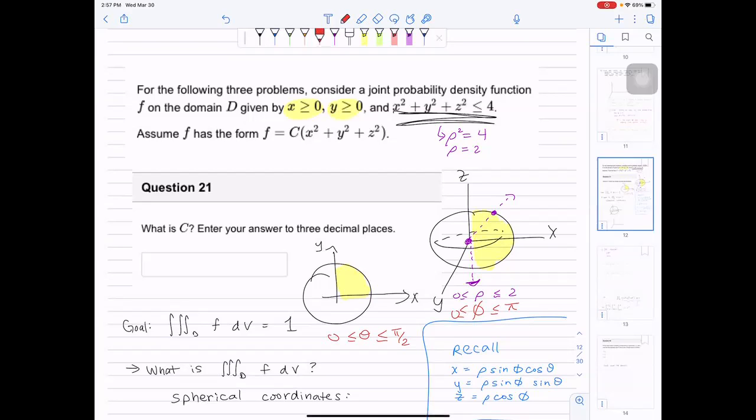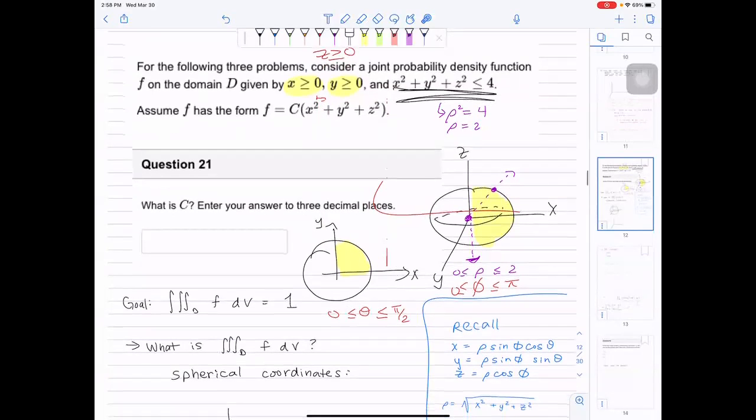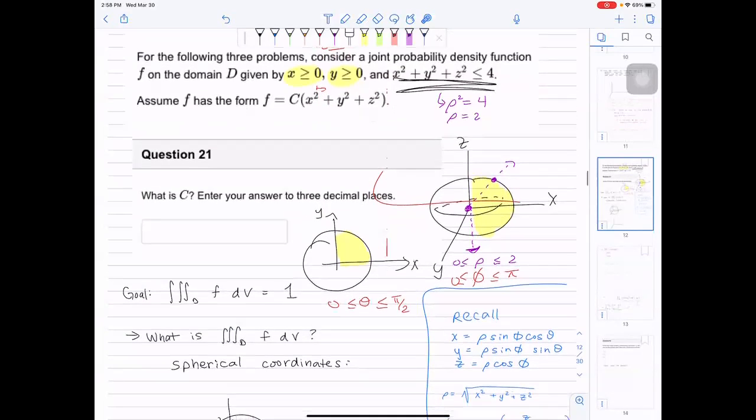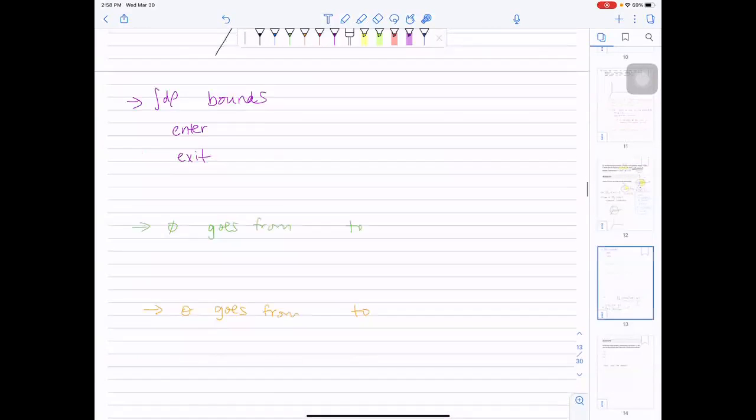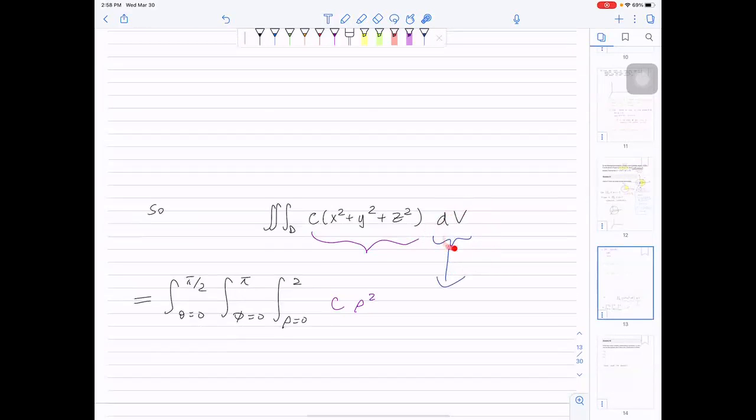If they added another restriction that z had to be greater than 0, then you would just have 0 to pi over 2, because you just have this top part. But right now z can be anything, so you want to go to pi. And so for dV, when we're converting to spherical, don't forget that you have this extra rho squared sine phi and then the differentials.